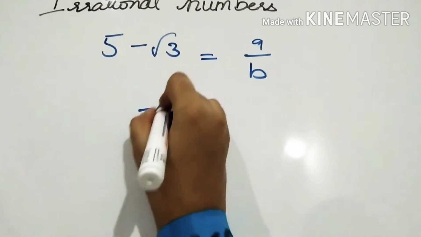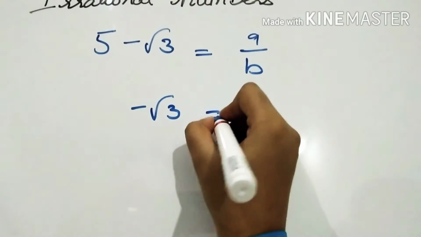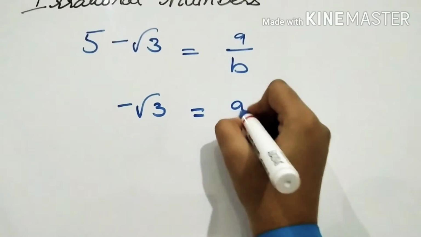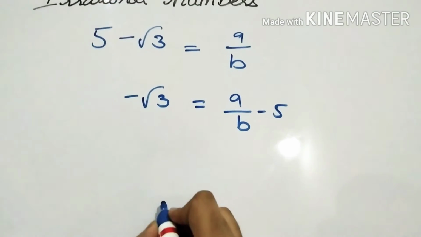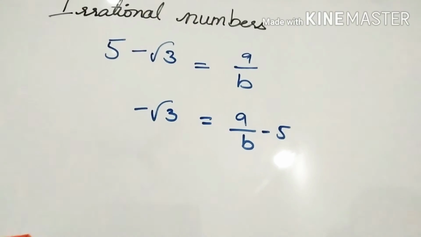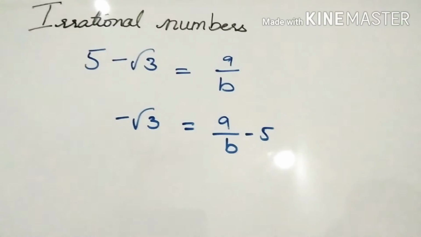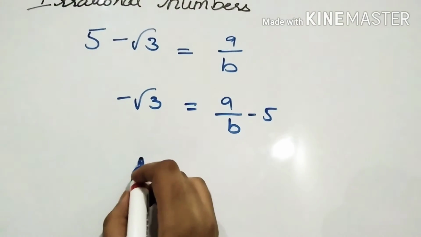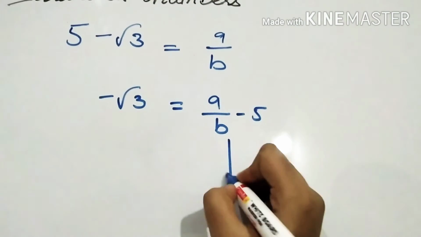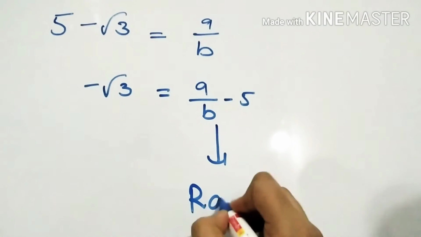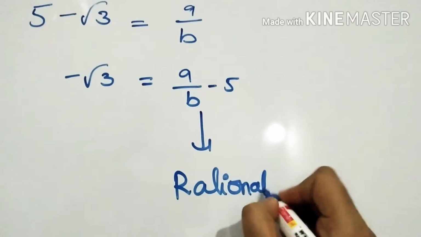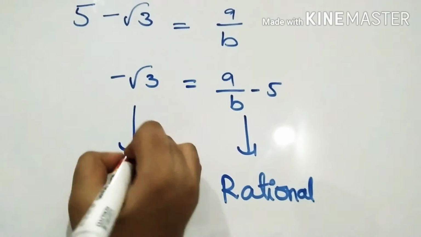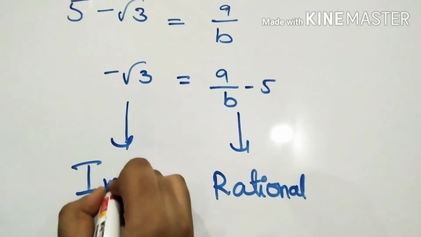Then send 5 to the other side, so it becomes minus 5. So our assumption was wrong. This is a rational number and minus root 3 is an irrational number.